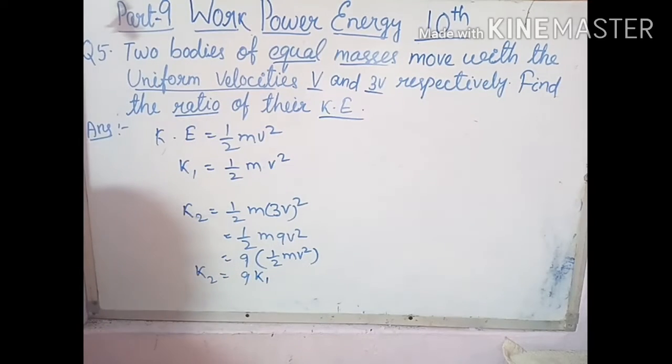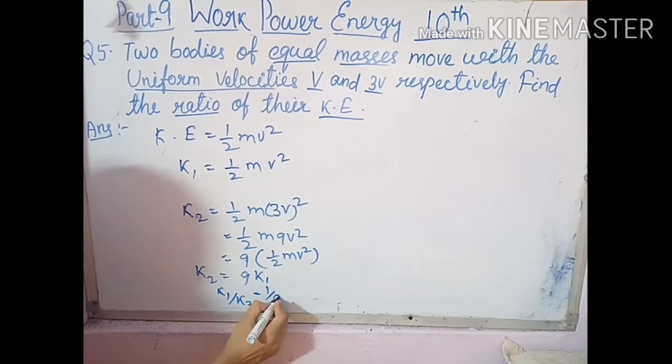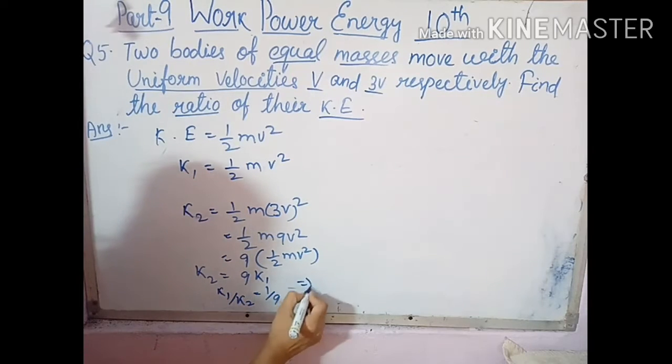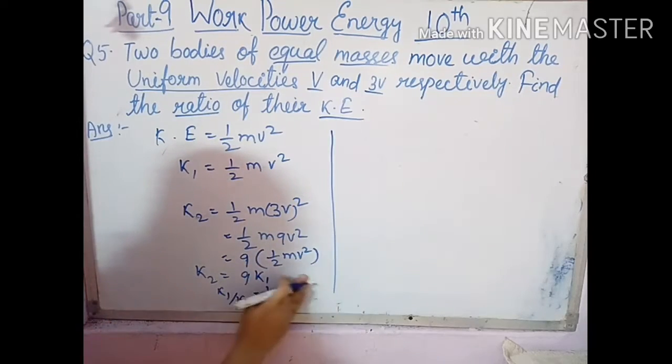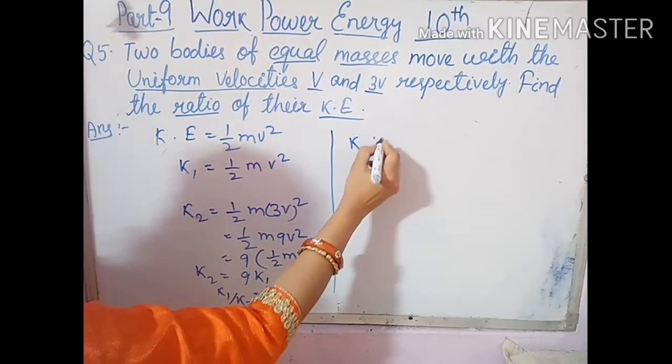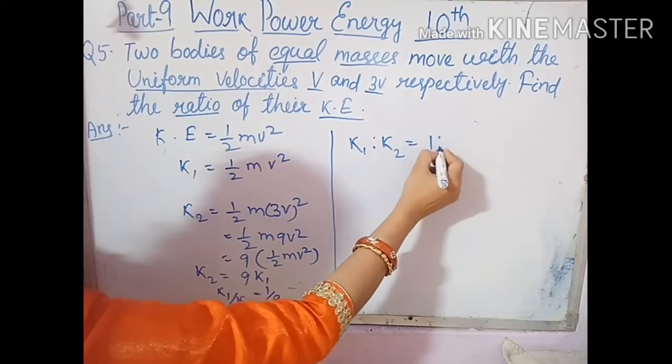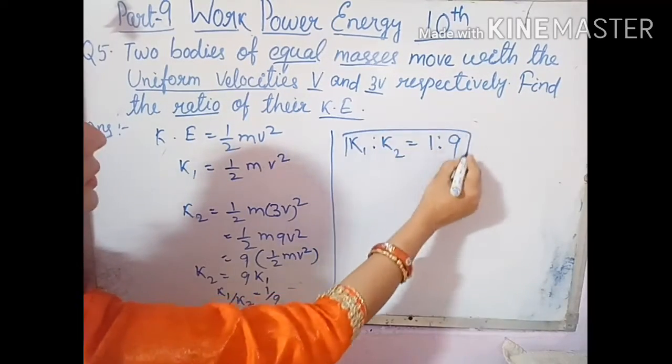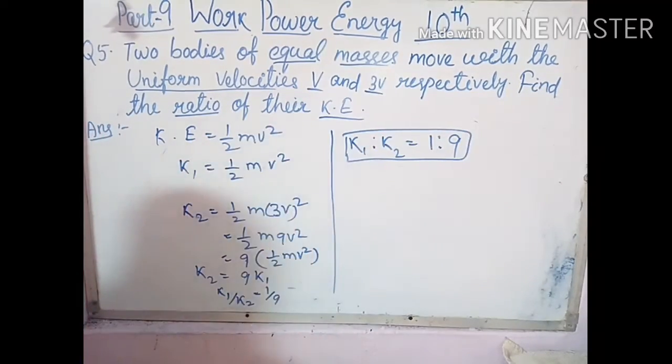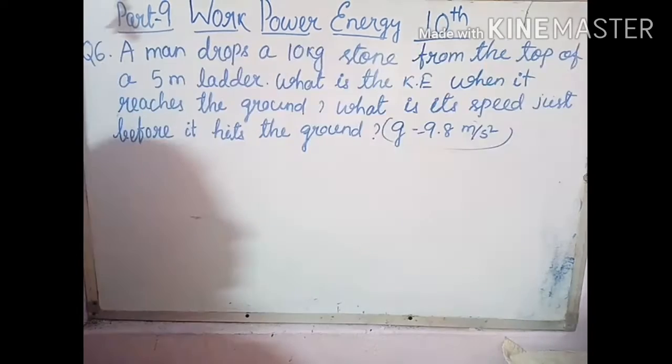Now you find out K1 by K2, which equals 1 by 9. The final answer is that K1 is to K2 equal to 1 is to 9. This is your final answer. This is the ratio of the kinetic energy of both the bodies. Now children, go to the next question.